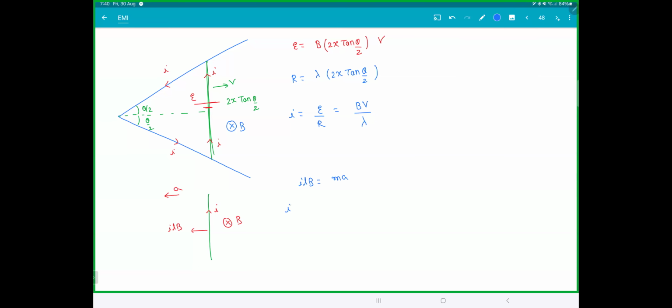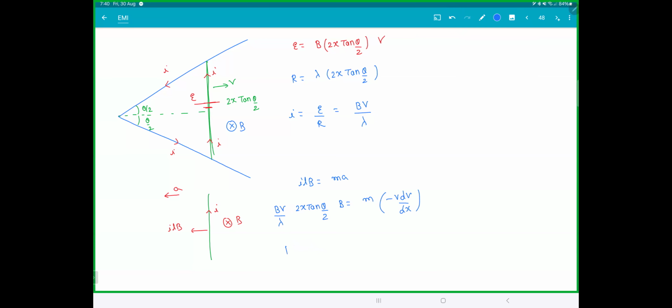Current is constant. Length will be 2x tan theta by 2. Magnetic field is constant. This is mass into acceleration, which is minus v dv by dx. Minus because it's decelerating. Shift that side. The current I is constant, right? But v is changing. I is Bv by lambda, so v cancels luckily.